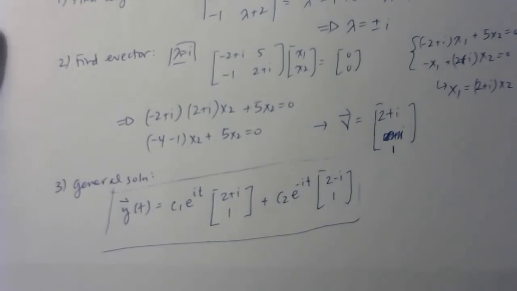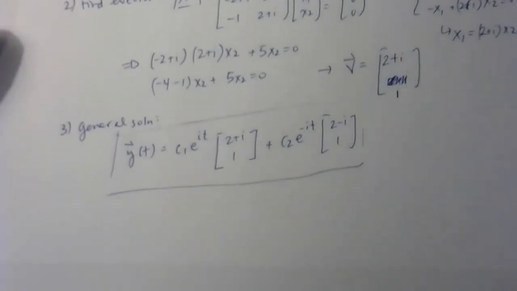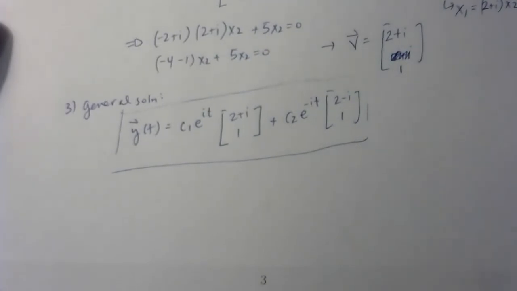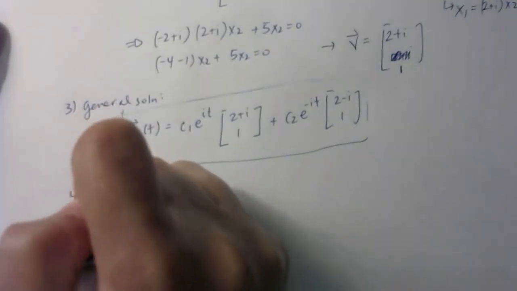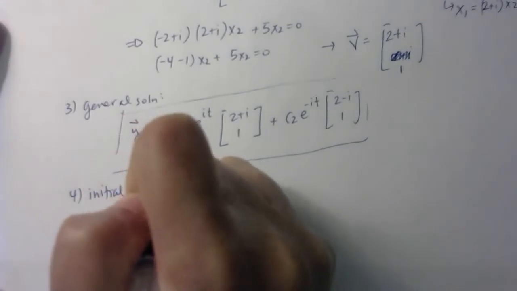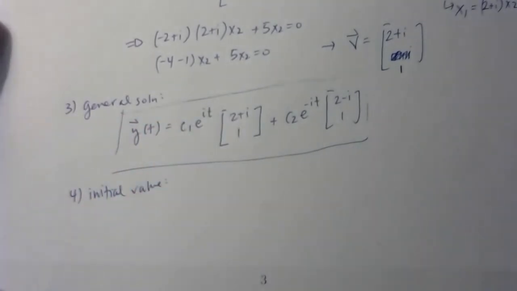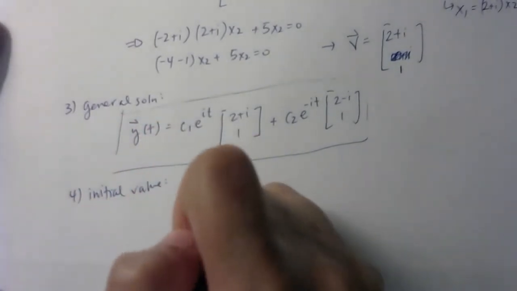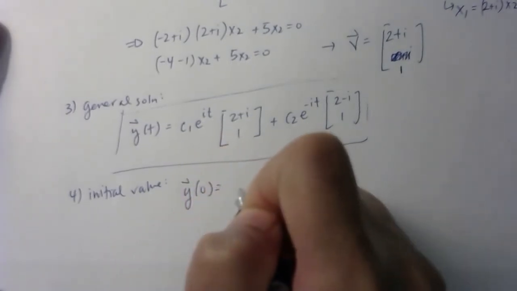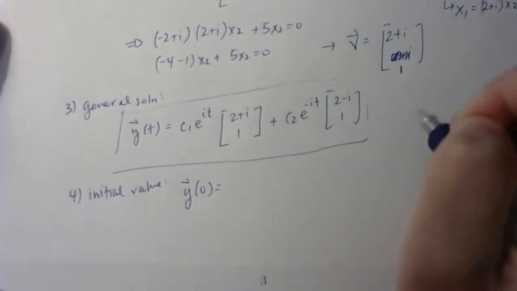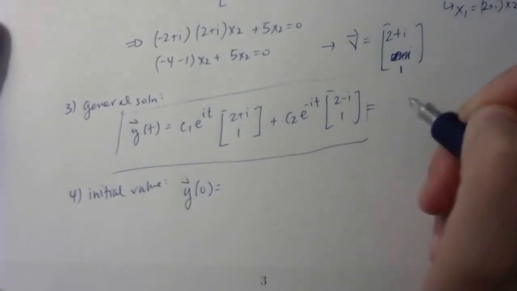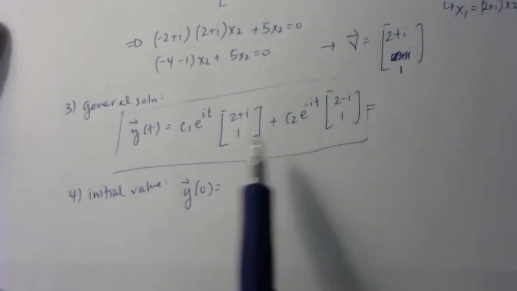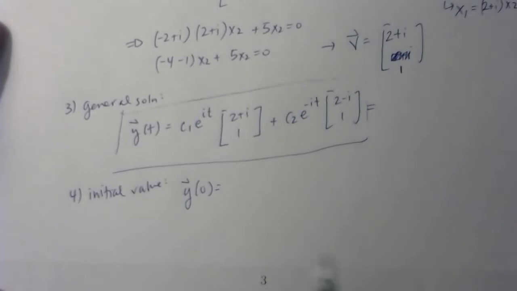Looks great. And the last thing is to solve the initial value problem. So if I plug in y of 0, well, maybe before that, I can say this is z and z complex conjugate.